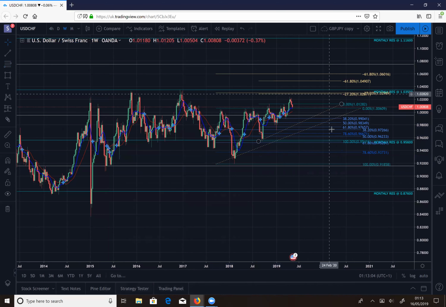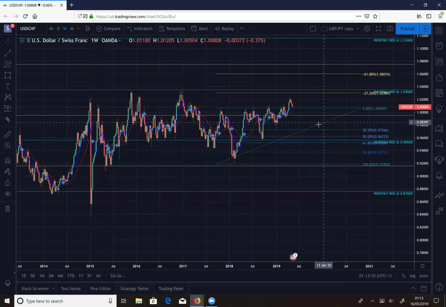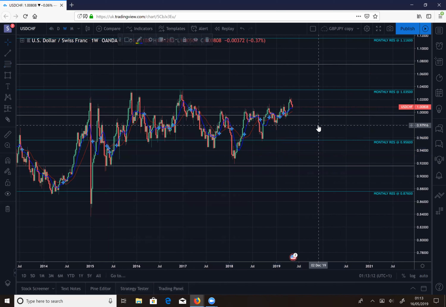Two levels converging, do you know what I'm saying, to give me a more certified target. Okay, so things are looking bullish for USDCHF.